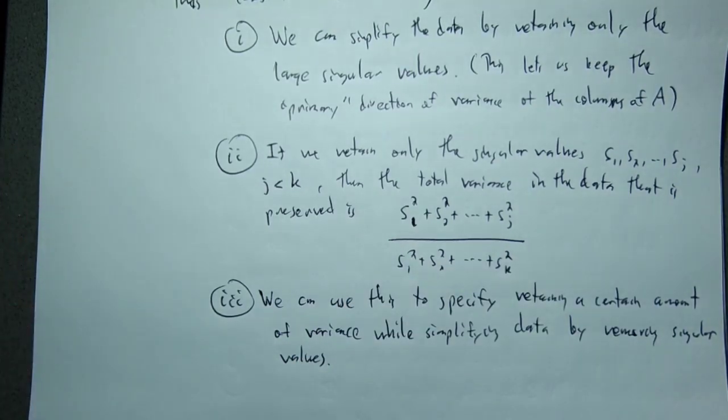What I mean by that is you can basically specify the amount of variance you're comfortable with keeping. And once you've done that, then you can decide how many of these singular values you're going to zero out.